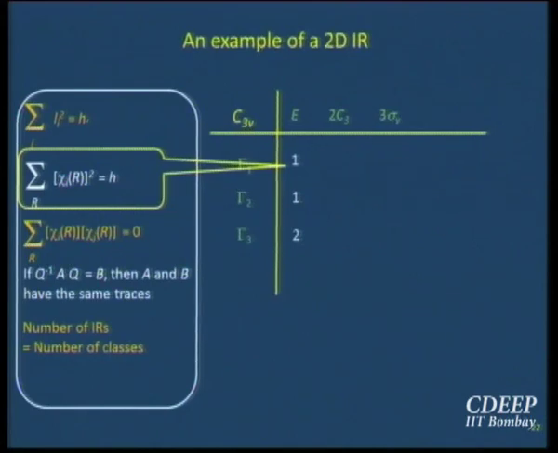In case there is a problem, just think, what is the matrix for E in a 2-dimensional representation? 1, 0, 0, 1. So what is the character? 1 plus 1, 2, right? So are we all okay with the fact that this character here is 2? Fine. First row is always 1, 1.